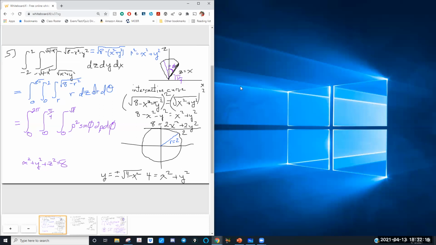Probably not when I was a student, but what I find really interesting about this section is all the different ways that you can do the triple integrals. I always like to say, think of solving a math problem like doing a puzzle, right? Some puzzles are tougher than others, depending on how the pieces are cut and the image of the puzzle. Some problems in math are tougher to do.